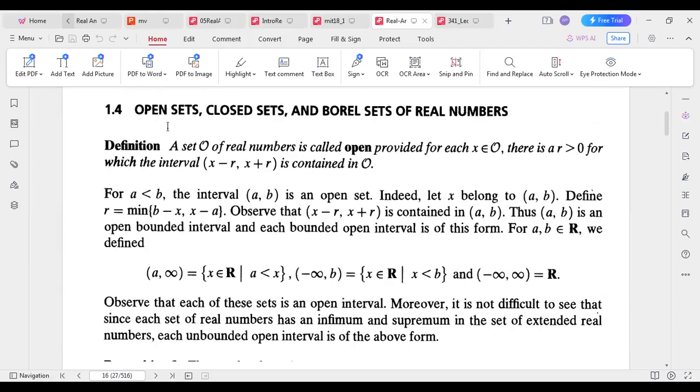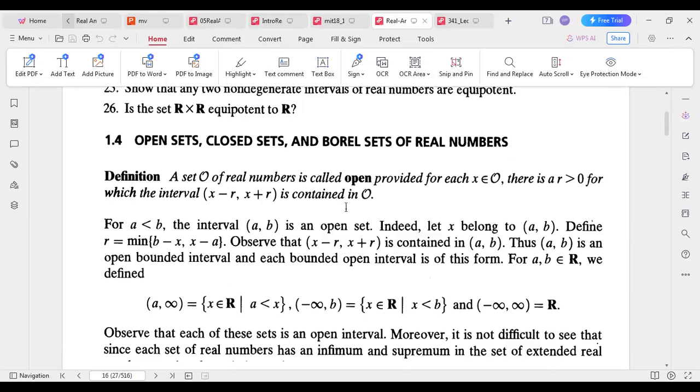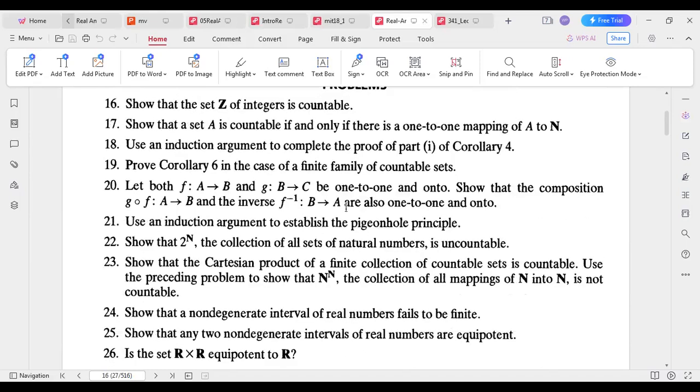This is the definition. A set curly O of real numbers is called open, provided for each x belonging to O, there is an r greater than 0 for which the interval (x minus r, x plus r) is contained in O. So this is actually the definition of open sets.